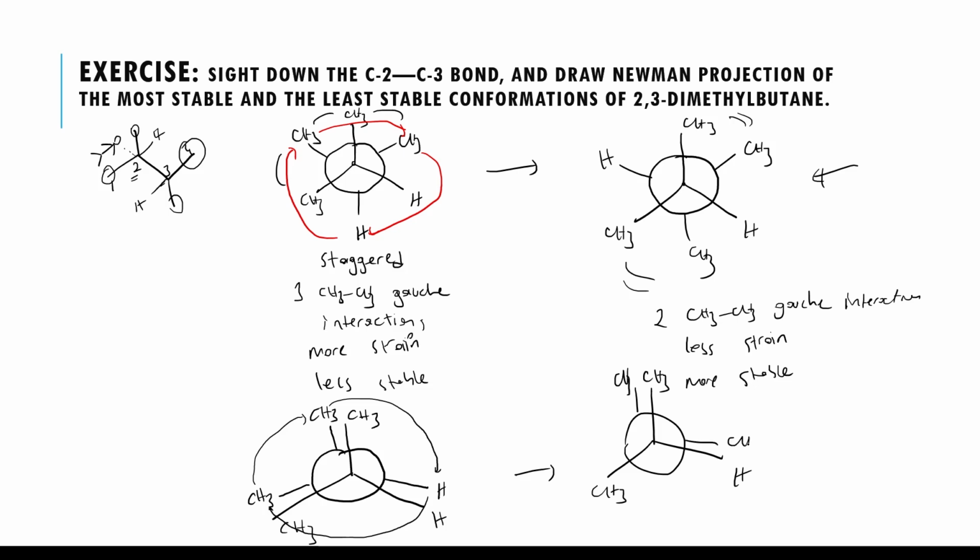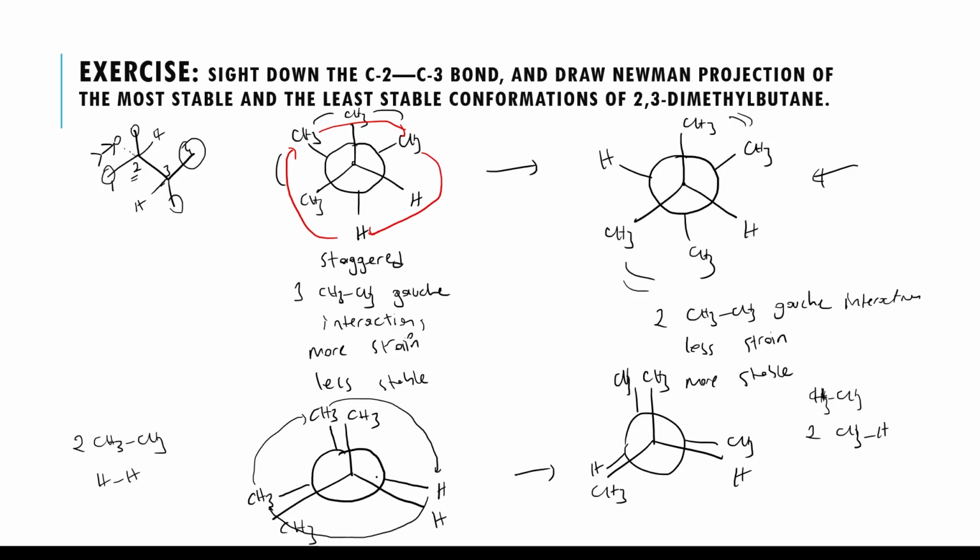Behind this hydrogen I will have another methyl, and behind this methyl I will have a hydrogen. So when I look at here, I will have different interactions. In the first one I have two methyl-methyl eclipsing interactions and a hydrogen-hydrogen eclipsing interaction. But in the other one I have one methyl-methyl eclipsing interaction, and I have two methyl-hydrogen eclipsing interactions.